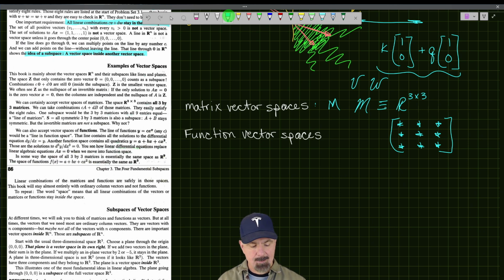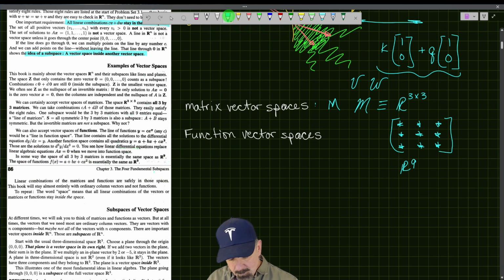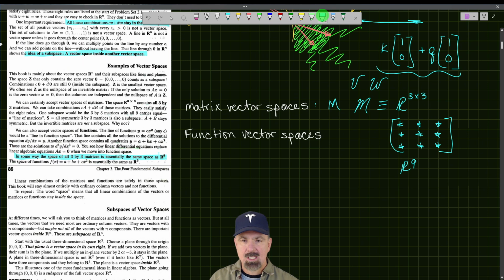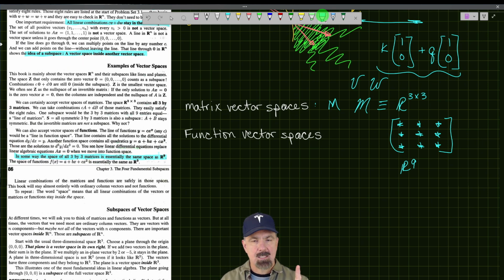That's how he designates it. So it looks very much like R^9, and he makes that comment. He says, down here at the bottom, in some ways, the space of 3 by 3 matrices is essentially the same thing as R^9, but it's not exactly the same thing.